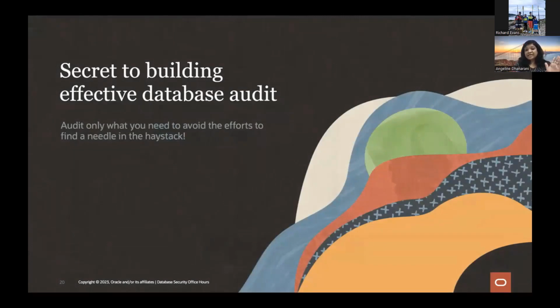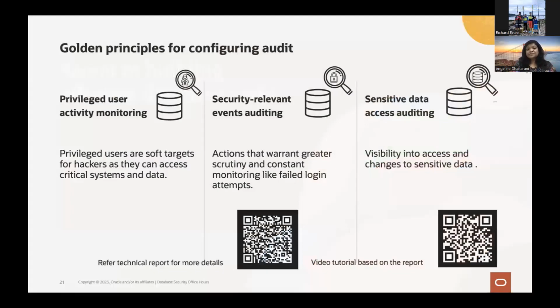Let me go to the next part, which is some of the tips and tricks that you can use for designing the audit policies. Now, the three golden principles for designing any audit policy is focusing your audit configuration on privileged user activity monitoring, security relevant events auditing, and sensitive data access auditing.